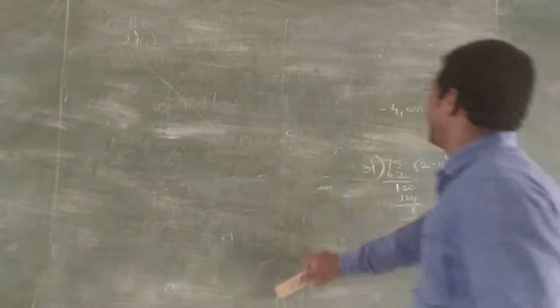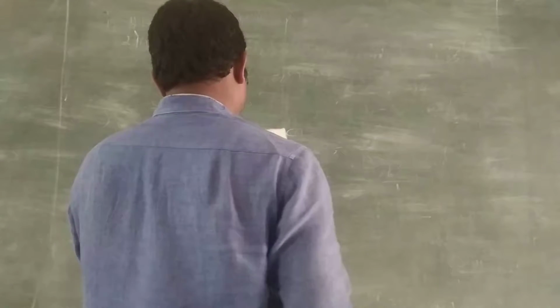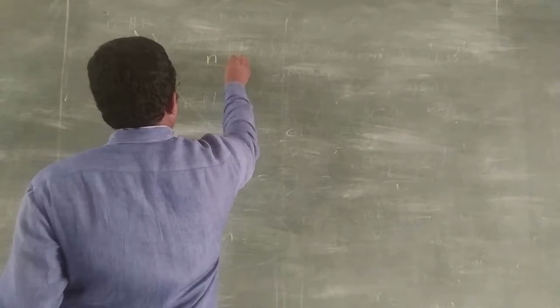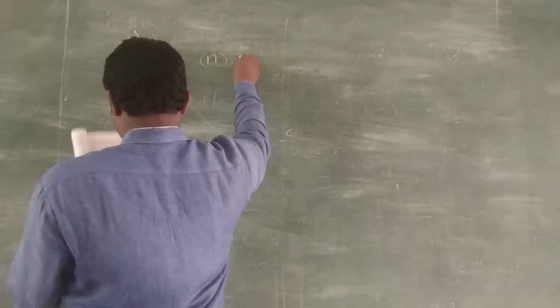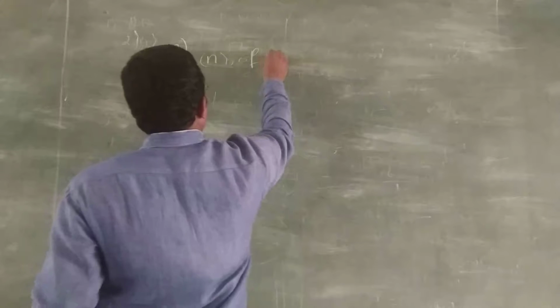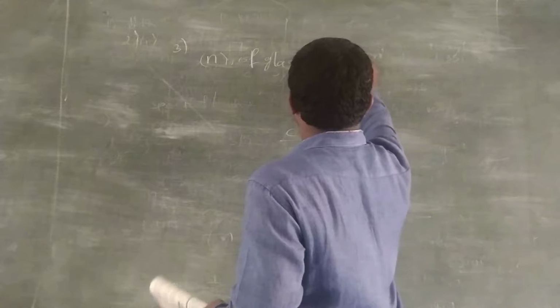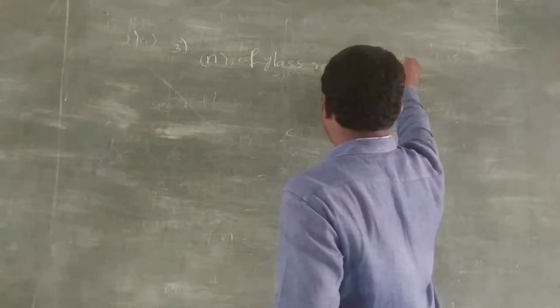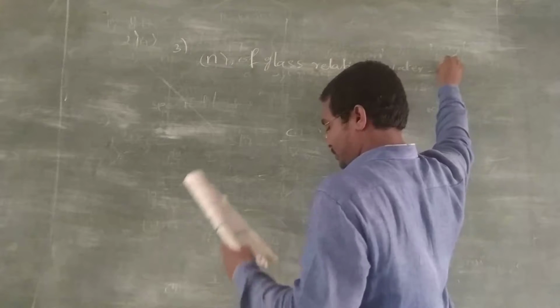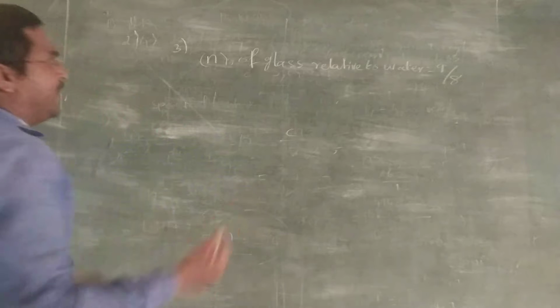And third question, in the next book. Third question: refractive index of glass relative to water is equal to 9/8. Simple my dear.